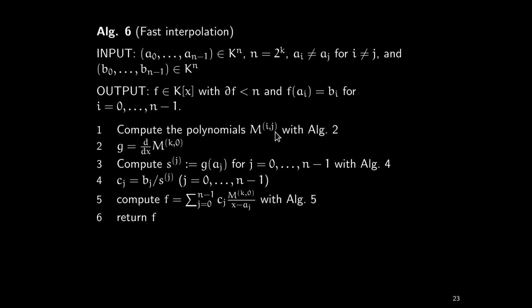So the first thing you do is construct the multiplication tree. Of course, if you have a lot of interpolation problems to do with the same a's, then you will not compute a multiplication tree every time. The m's here depend only on a. So if you have a bunch of interpolation problems with the same a but varying b's, you do this step only once for all of them, and then reuse it.